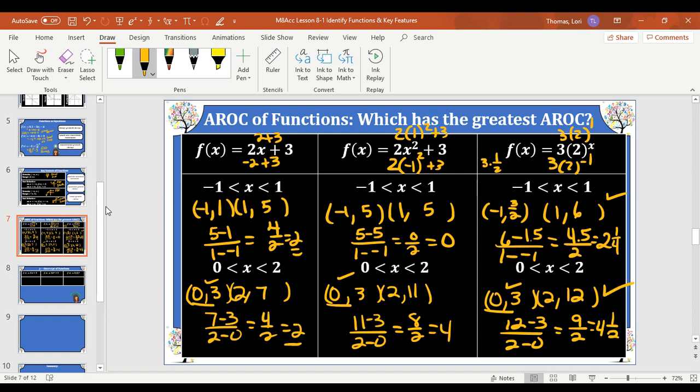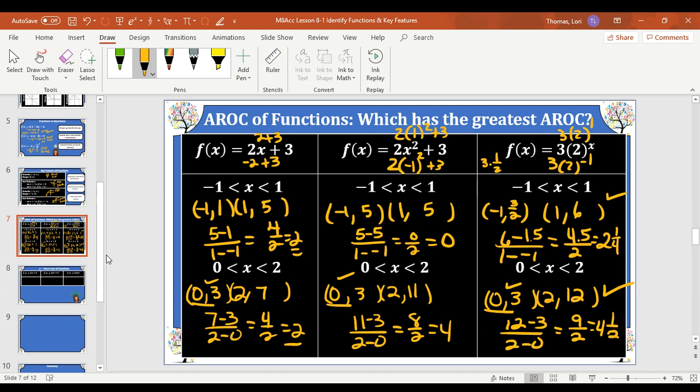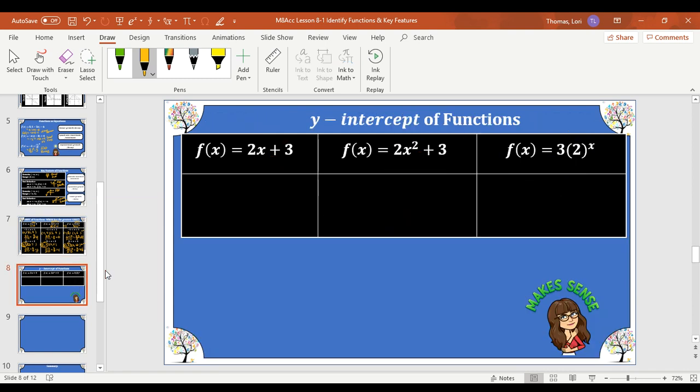So again, the exponential most of the time has a greater rate of change, but not always. So be careful with that. Okay, the last thing we're going to look at, we kind of already saw that when we plugged in 0, we got 3. That is our y-intercept.